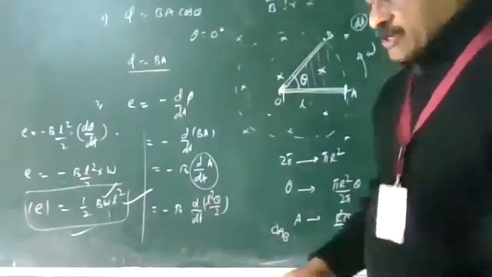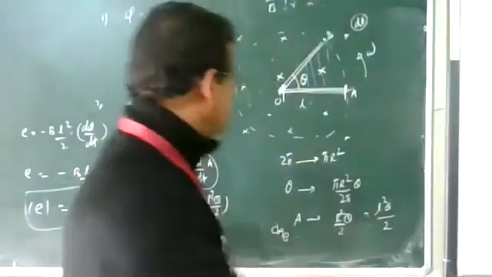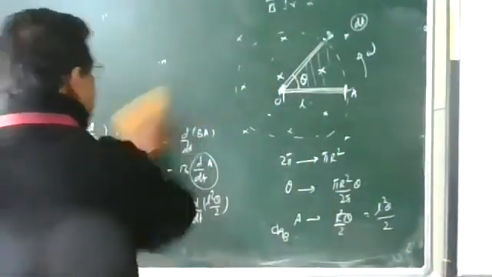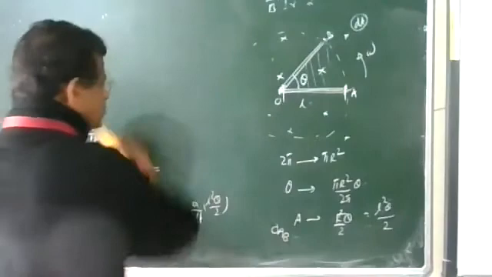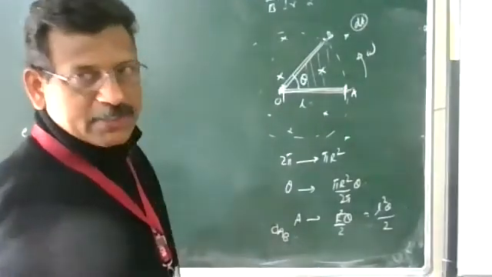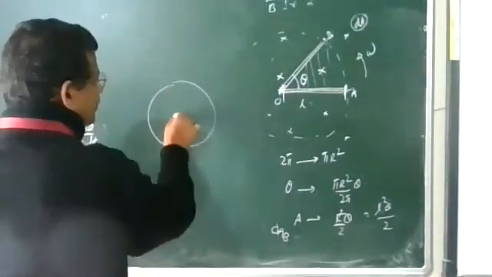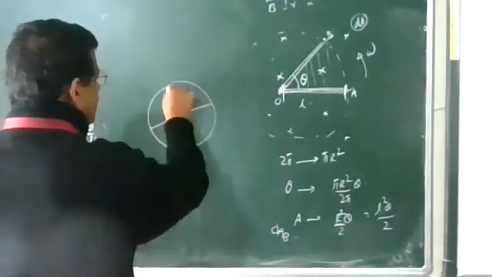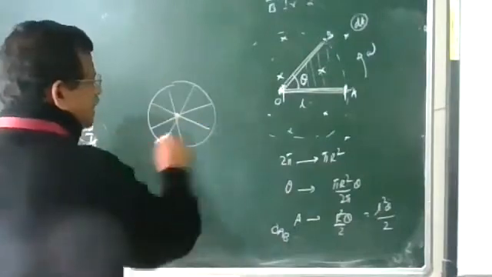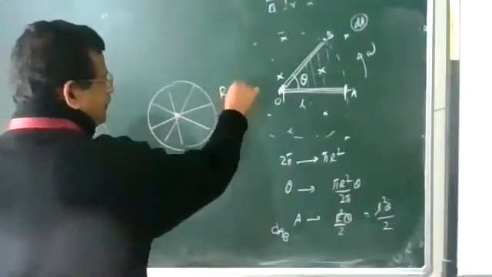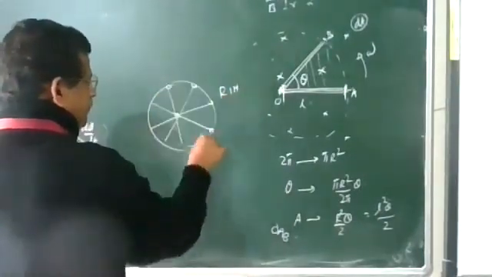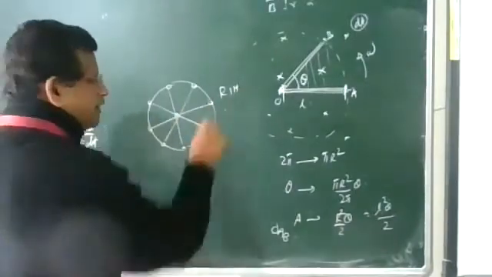If you see a wheel which is rotating, especially the cycle wheel, many metallic rods are connected. We call them spokes. With the axle, many metallic spokes are connected like this, and this is the ring. All are connected to a metallic ring.